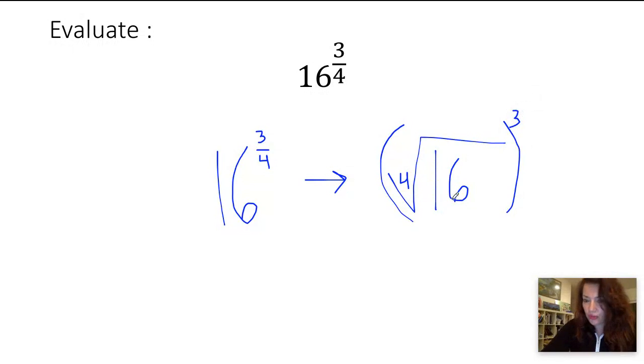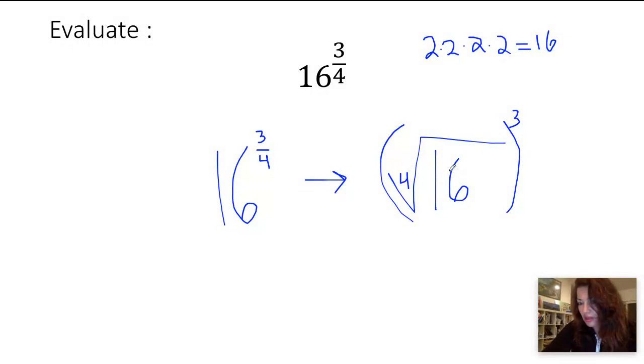So what is the fourth root of 16? Can you think of a number that when you multiply it by itself 4 times, gives you 16? If you said 2 times 2 times 2 times 2 is 16, you are right. See, here's my number multiplied by itself 4 times.